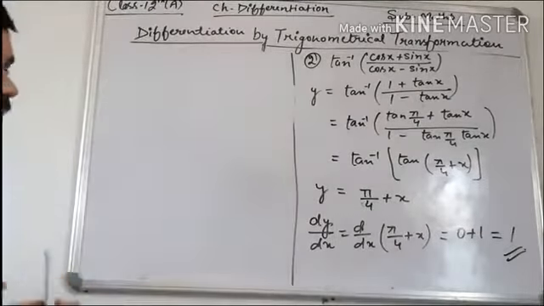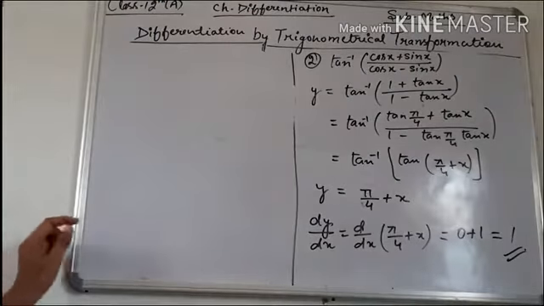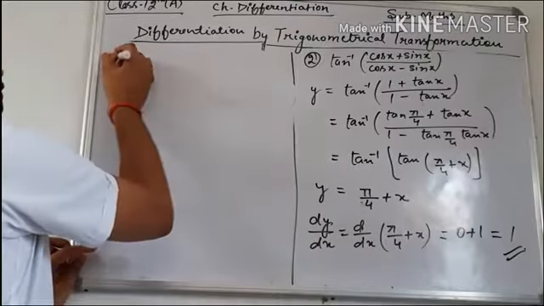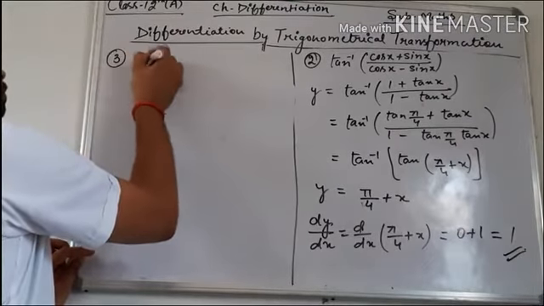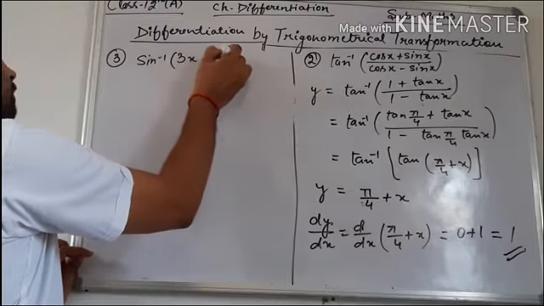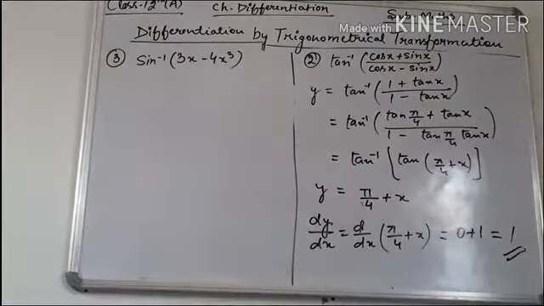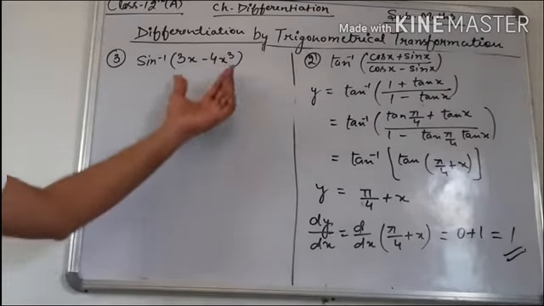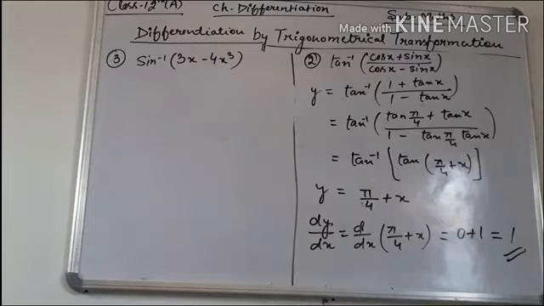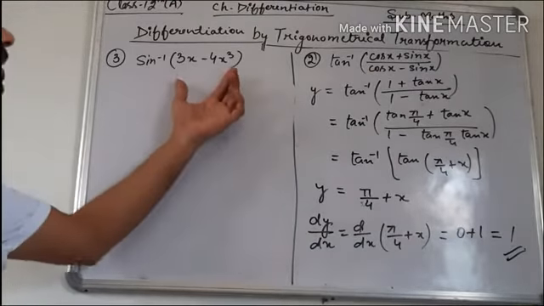Now see an example of substitution. Sin inverse 3x minus 4x cube. We have to find the differentiation of this function. What can we put here? See the results.